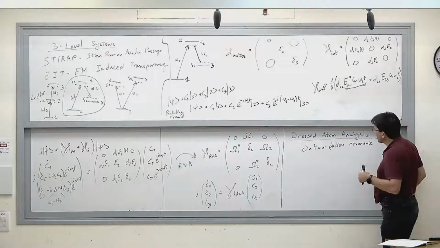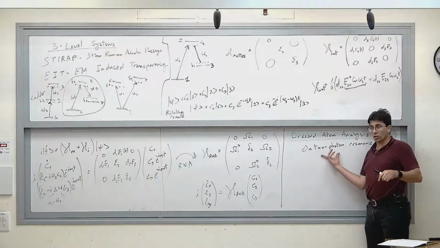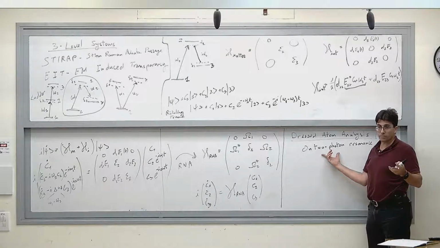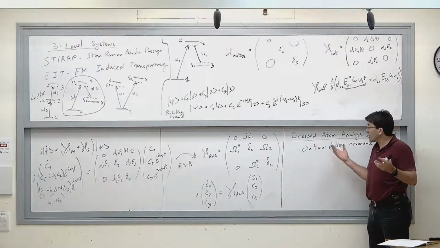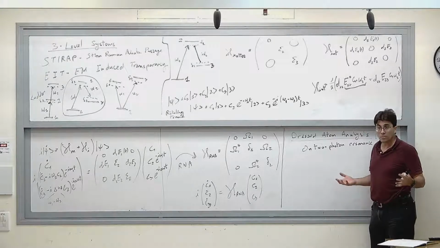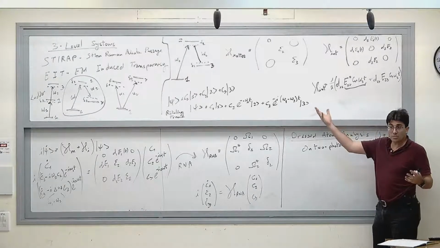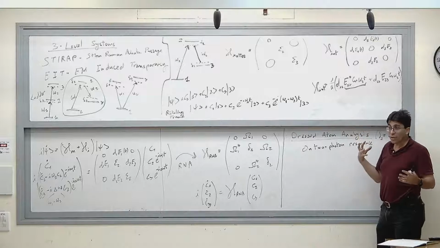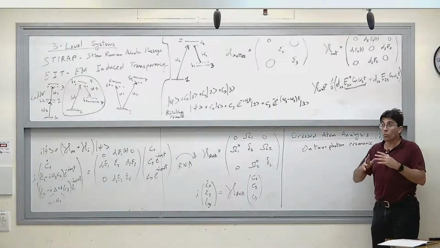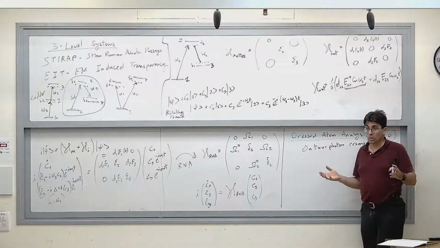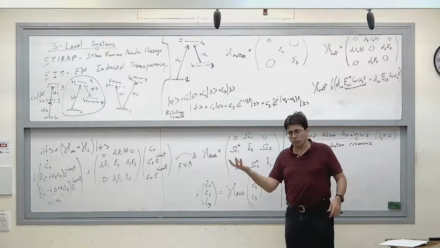Now, honestly, I use this term, two-photon, one-photon resonance, because this is the standard term. But there's nothing photonic here. This field is classical. It doesn't relate to photons in any way. We talk about one-photon absorption, two-photon absorption.